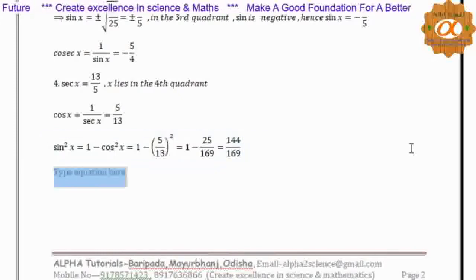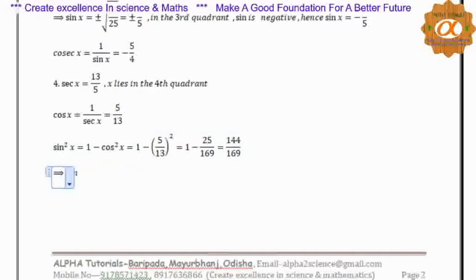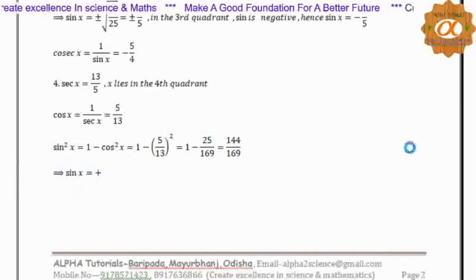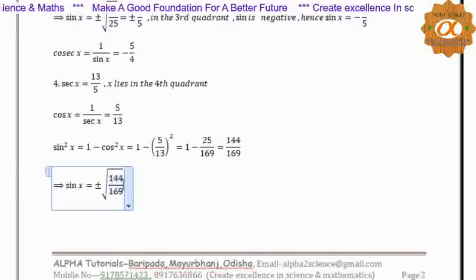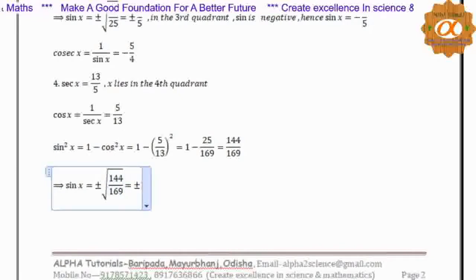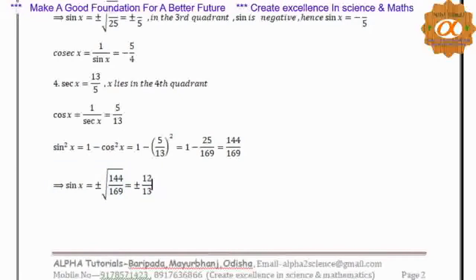Now, that means sin x is equal to plus minus under root 144 by 169, and that comes out to be plus minus 12 by 13.